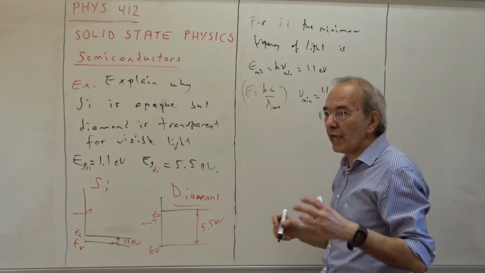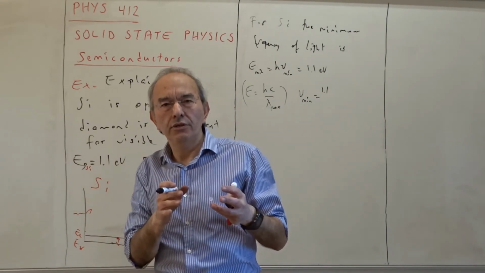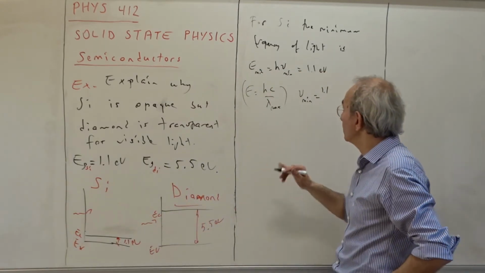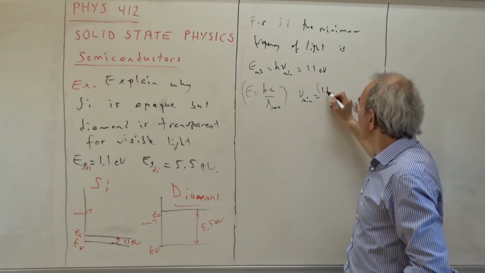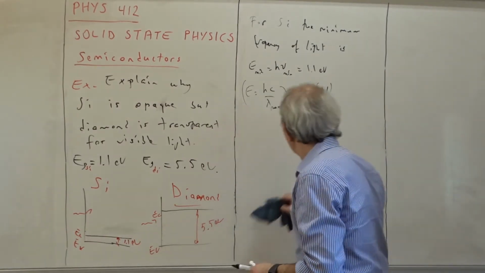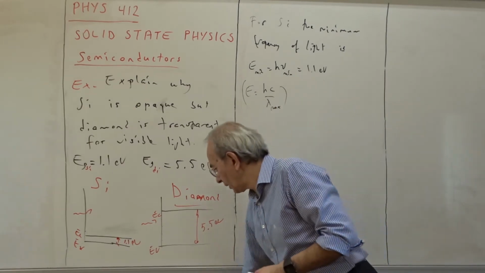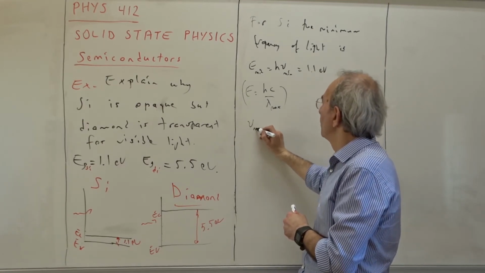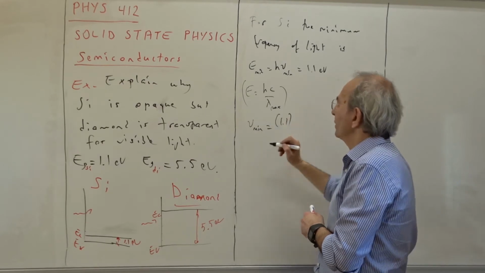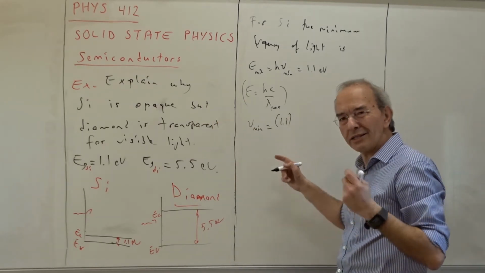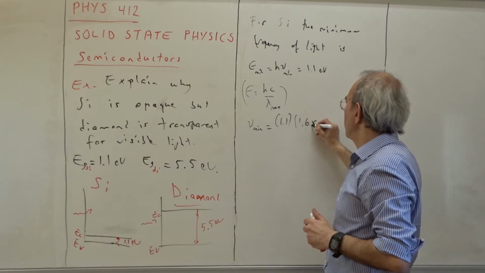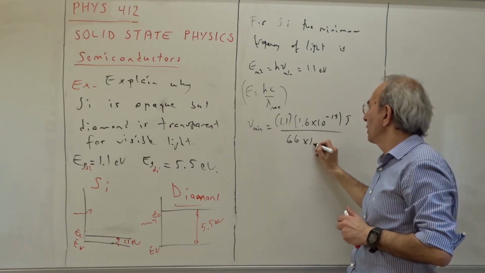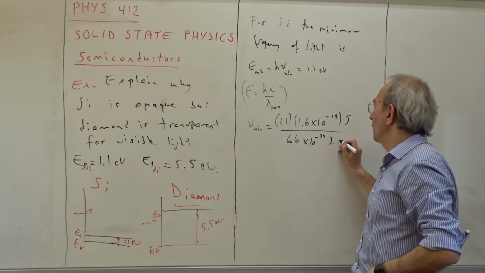But in order to use the well-known value of h, 6.6 times 10 to the minus 34 in terms of joule second, we have to convert it to joule. So nu min is just 1.1, but converted to joule, so we have to multiply by the charge of the electron, 1.6 times 10 to the minus 19, this is joule, divided by h, 6.6 times 10 to the minus 34 joule second.